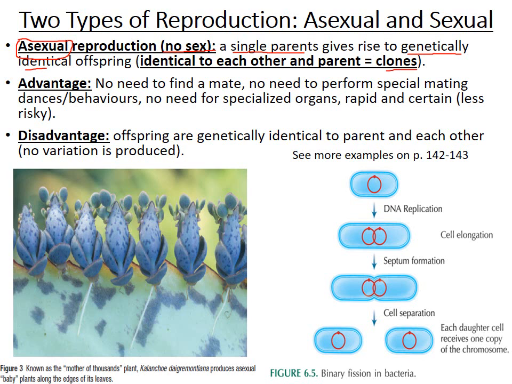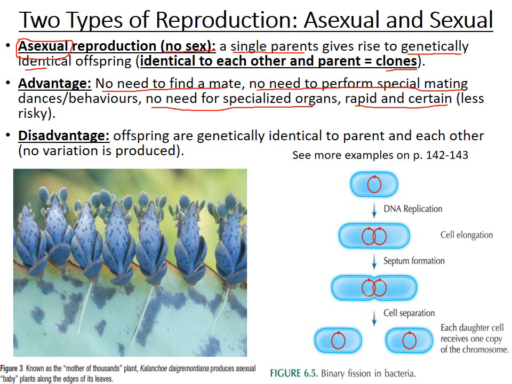There is an advantage to this. First of all, there's no need to find a mate. There are no mating behaviors or dances, no need for any specialized organ, and it's really fast. There's not much risk. It's pretty certain. You split, you make your babies, and that's it.